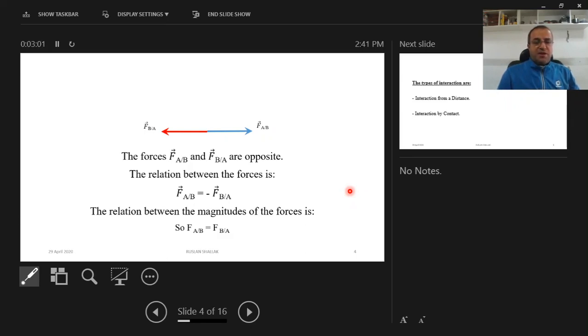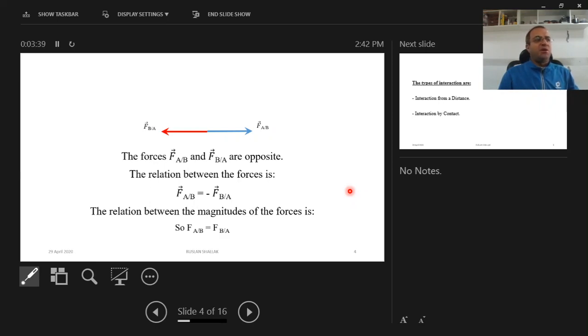The forces Fa on B and Fb on A are opposite, but they have the same line of action and the same magnitude, but they are opposite in direction. So the relation between these two forces is force Fa on B equal to minus Fb on A. And the relation between the magnitudes of the forces is Fa on B equal Fb on A. In directions, they are opposite.